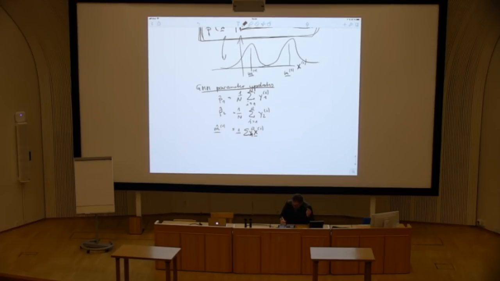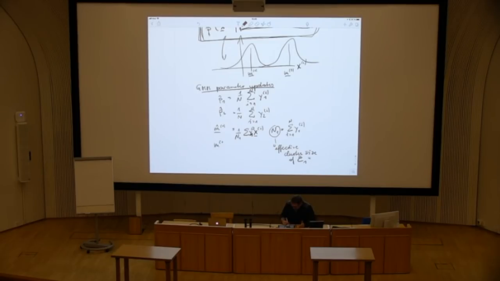And you normalize this not by the overall data sample size or number of data points, but by the effective number of data points in cluster 1, which is the sum of all degrees of belonging to cluster 1 over all data points. So this here is the effective cluster size of cluster 1.